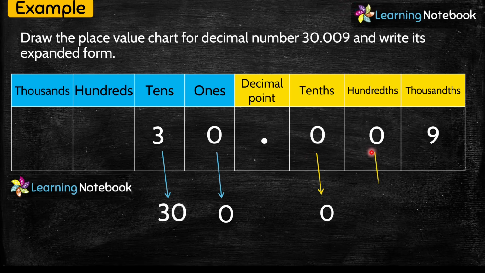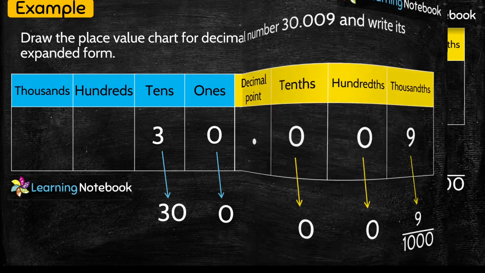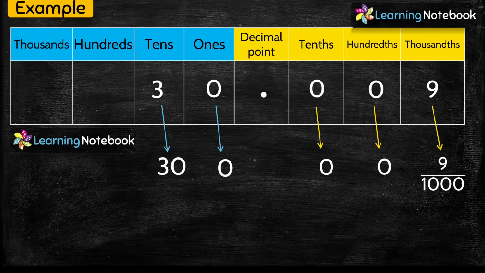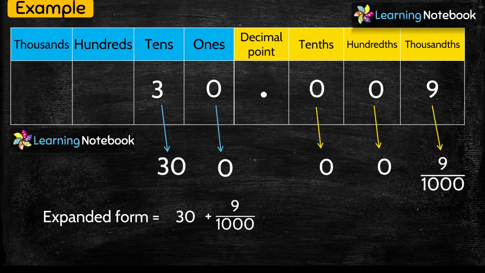So place value of next 0 will also be 0. And the place value of 9 is 9 by 1000. Now with the help of these place values, let's write the expanded form of this given number. We will write 30 plus 9 by 1000. So students, now I am sure you have understood how to form the place value chart of a decimal number and how to write its expanded form.